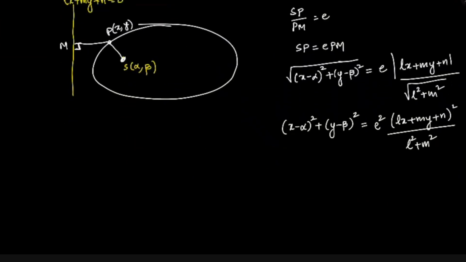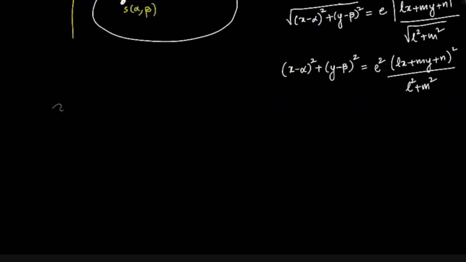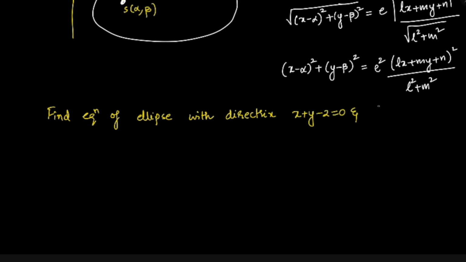Fine. Now let's see one question. Find the equation of the ellipse with directrix x plus y minus 2 equals 0, focus at 3 comma 4, and eccentricity 1 by root 2. Then what would be the equation of this ellipse?